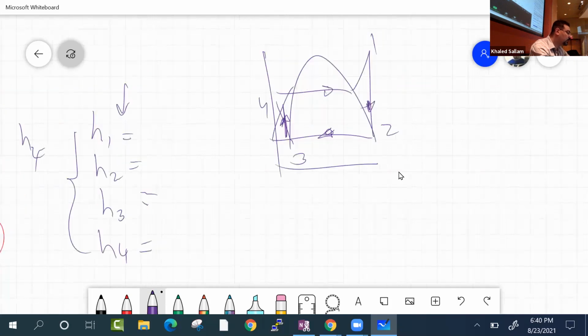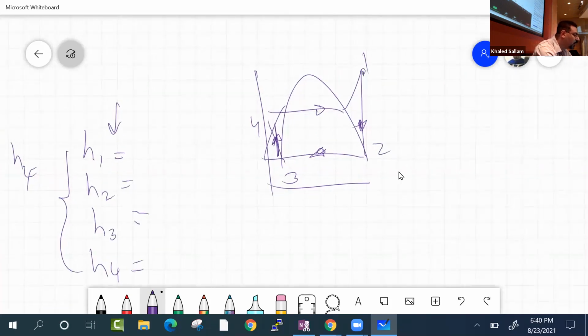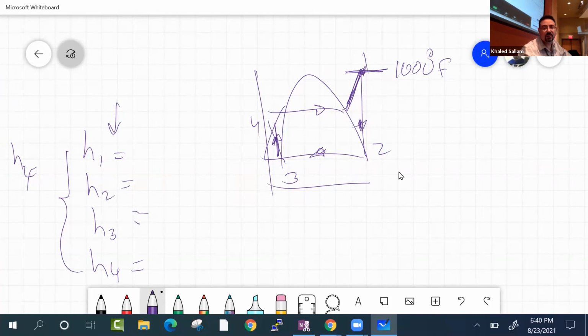And each one of those H's will come from knowing two properties, pressure and temperature. So in the project, he said this is stuck at 1000 degrees Fahrenheit. This is the highest temperature. Okay, let's follow the project for a minute here.